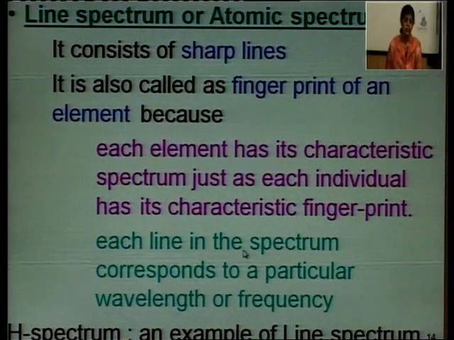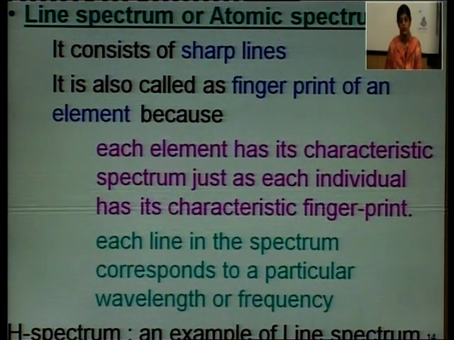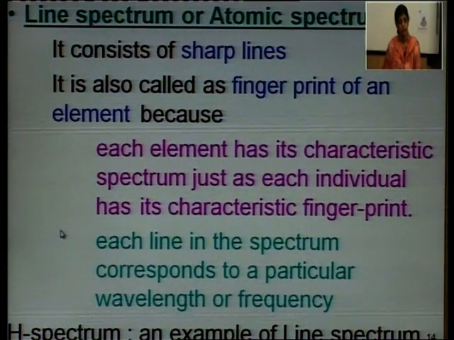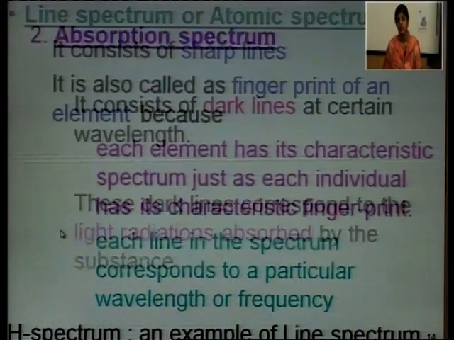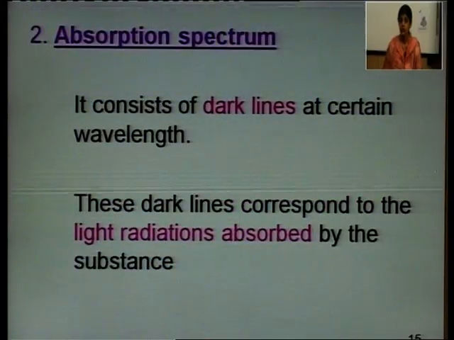Each line in the spectrum corresponds to a particular wavelength or frequency. Later on we will be discussing the line spectrum of hydrogen, that is why I am telling you what a line spectrum is. Now further, absorption spectrum.